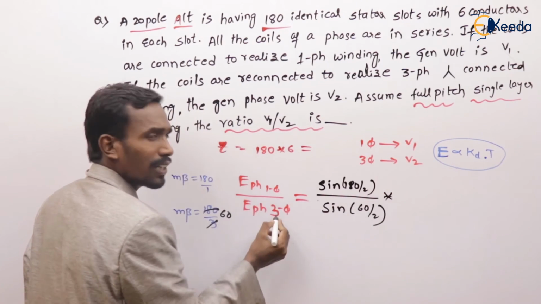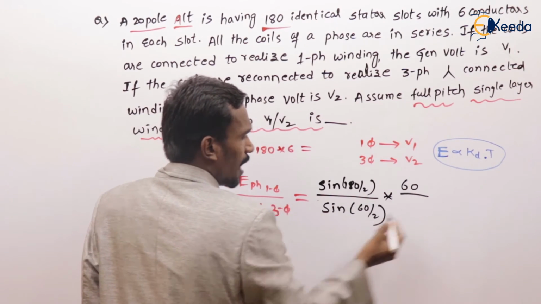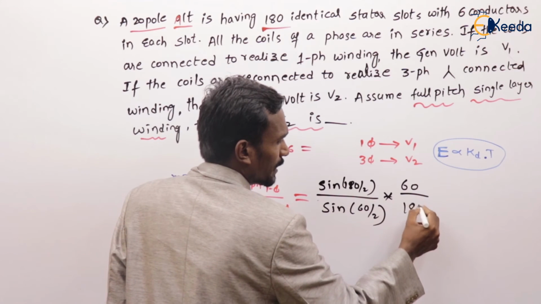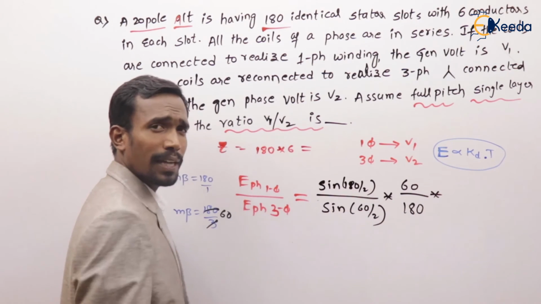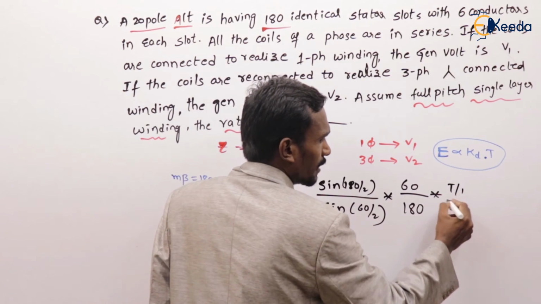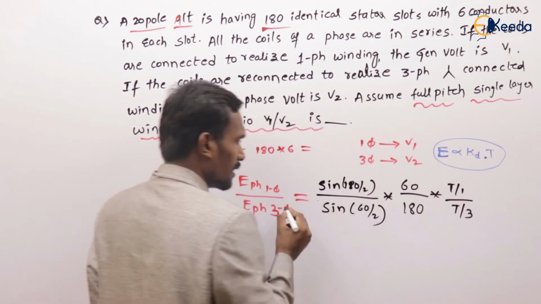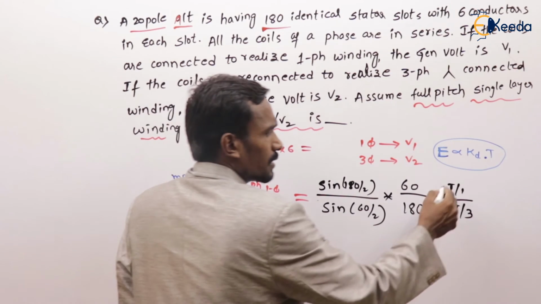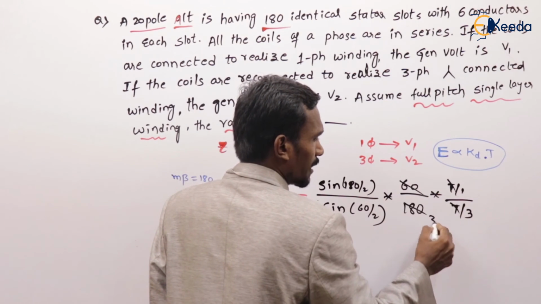Multiplied by M beta of this one 60 degrees and M beta of this one 180 degrees, multiplied by the number of turns per phase, T by 1 and T by 3. T gets cancelled once or thrice.